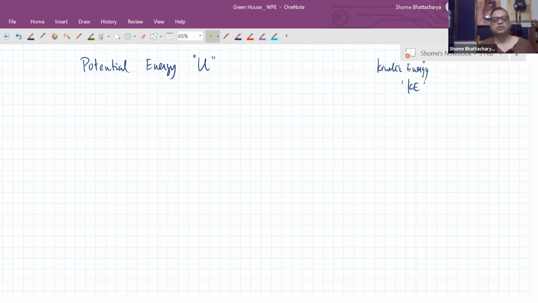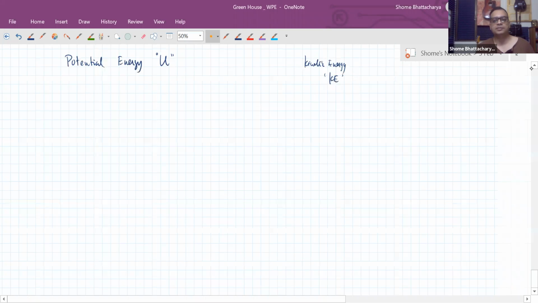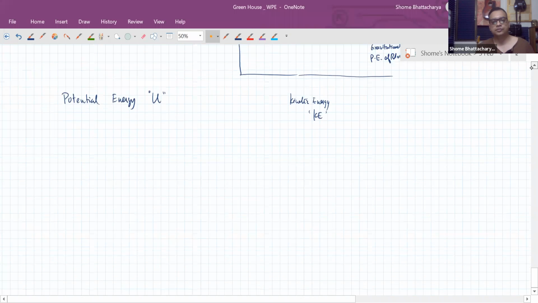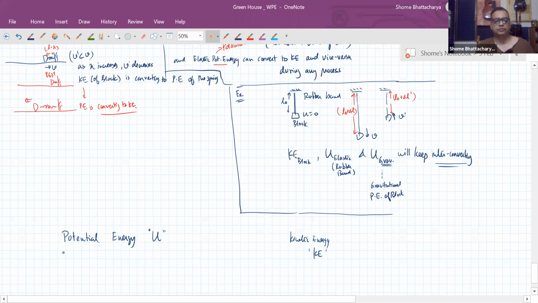We can use the symbol PE also for potential energy, but generally we use capital U. So this is elastic potential energy of the rubber band. This is gravitational potential energy of the block.